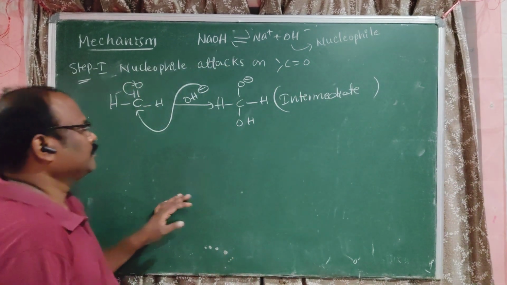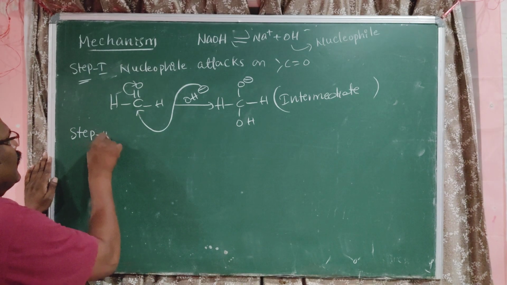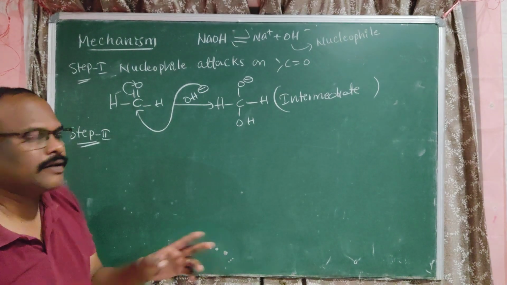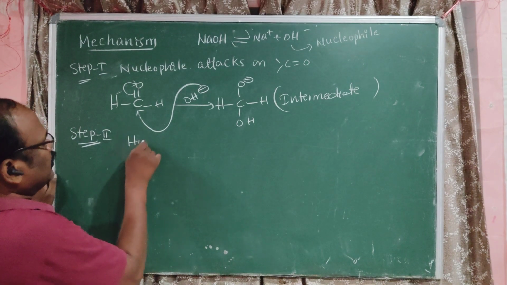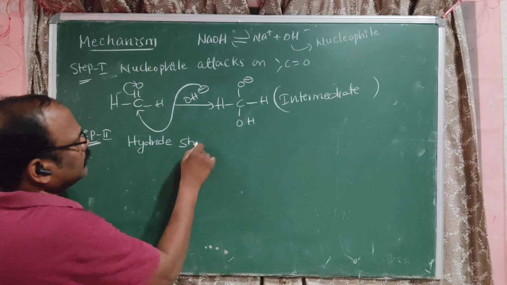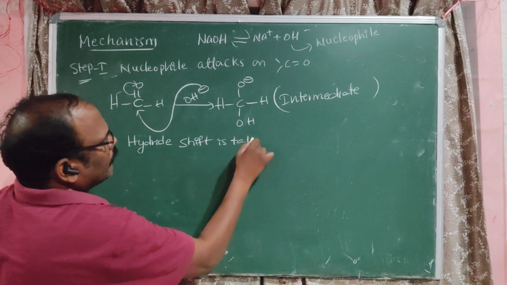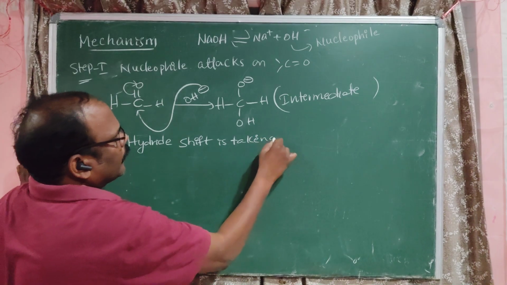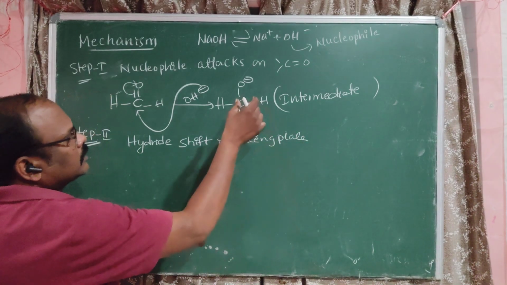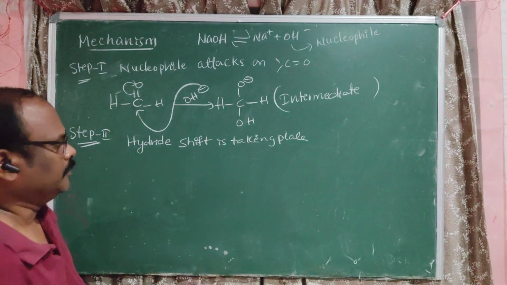Coming to the second step. In step 2, hydride transfer is taking place. Hydride means H minus. Hydride shift is taking place between this intermediate and another molecule of formaldehyde.